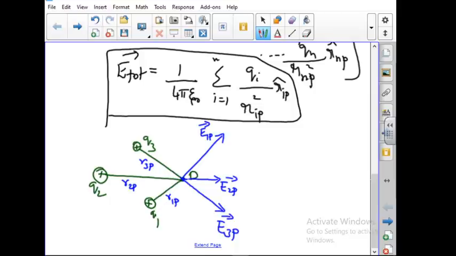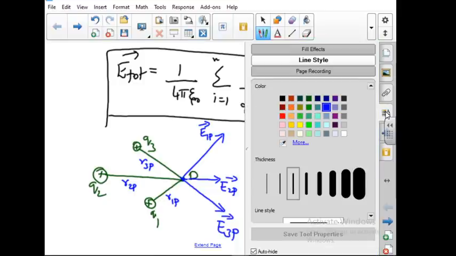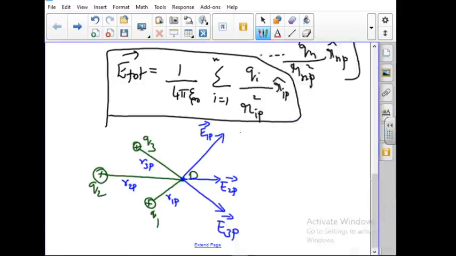So what is the resultant electric field now? How will you write this? It can be written as E total is equal to E1P vector plus E2P vector plus E3P vector.